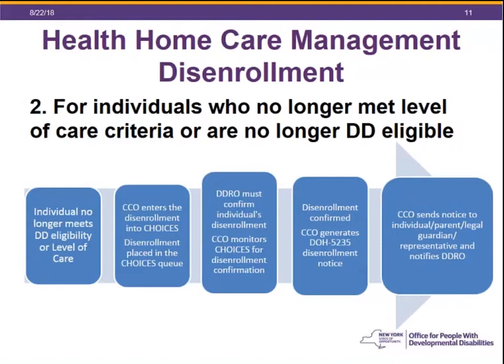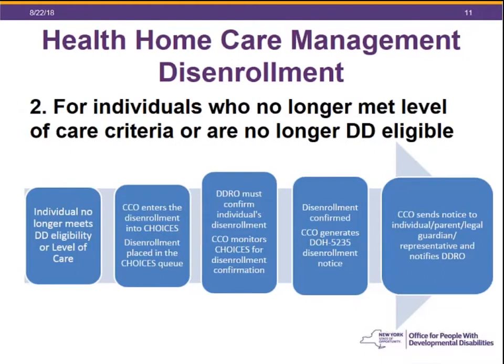Here's the second reason for a disenrollment: for an individual who no longer meets level of care criteria or is no longer DD eligible. If this occurs, the CCO enters the disenrollment into CHOICES. The disenrollment is placed in the CHOICES queue. So if the individual is no longer meeting eligibility, the DDRO must confirm the individual's disenrollment.